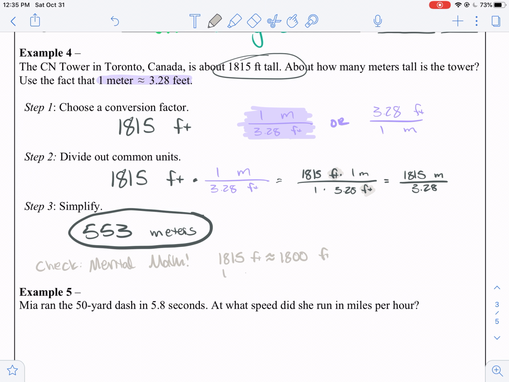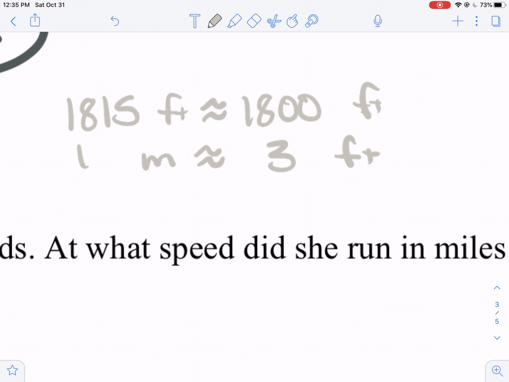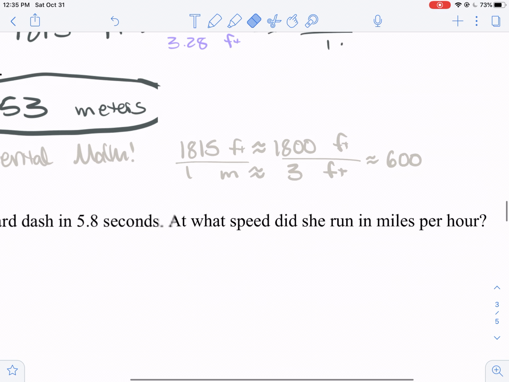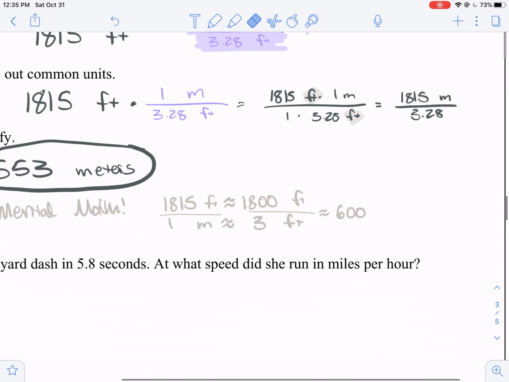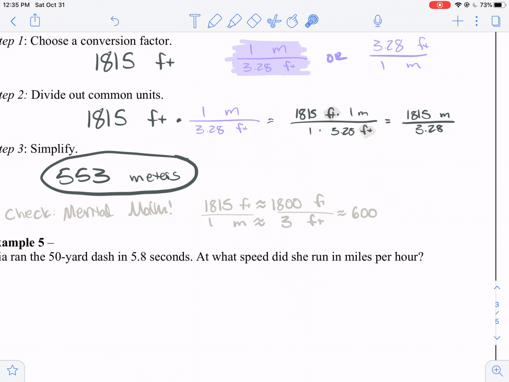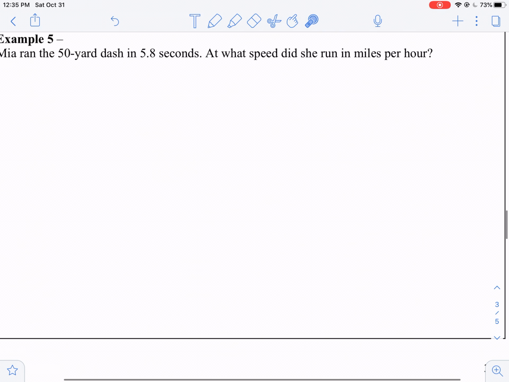And then 1 meter is about 3 feet. About. It's close. We're just checking our work to see if we're in the right spot. If we divide both of those, 1,800 feet divided by 3 feet is approximately 600. Oh, right, and the feet canceled out, right? So do we have about 600 meters? Yeah, it's about. We're close. So we probably did something right.